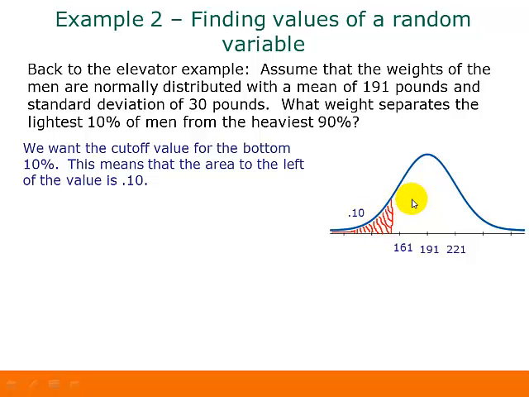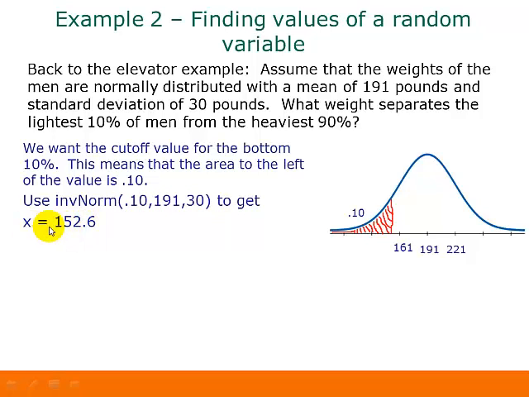The area over here would be the 90%, but we can't use that if we're using that function on our calculator, because it will calculate from our cutoff value to the left. So we're going to use inverse norm 0.10, 191, 30 to get our cutoff value, which turns out to be 152.6.